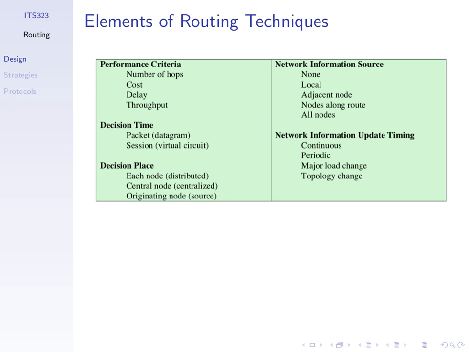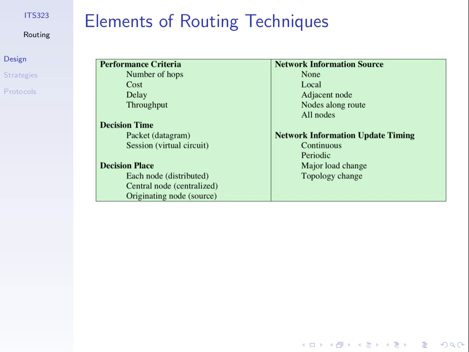Which node makes the decision of which path to use is another question. We can have a distributed or centralized approach. A centralized approach would be, let's say we have some other special node, node 0. And all of these 6 nodes have some special link into node 0.